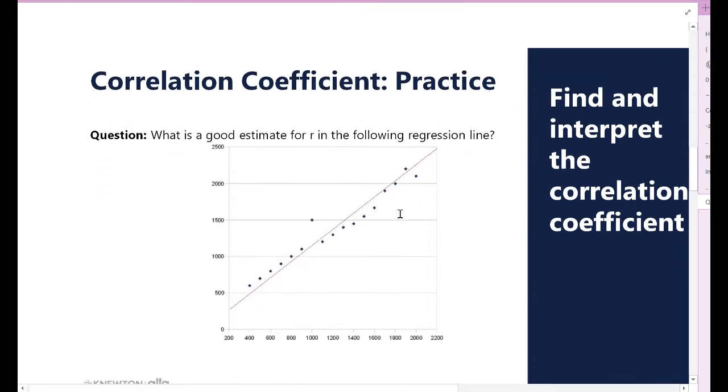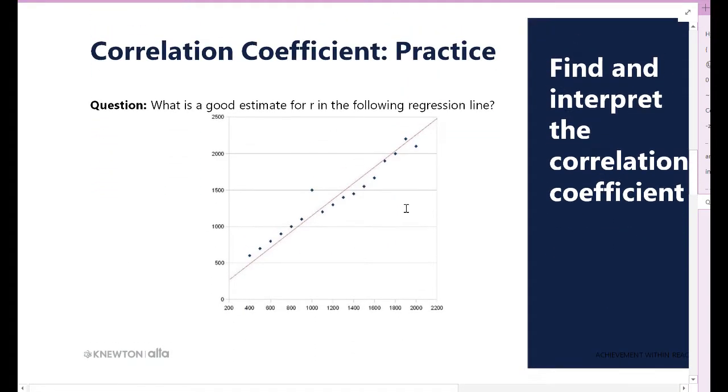All right, we got a quick little question here. What is a good estimate for R in the following regression line? So what they have for you here is the blue squares. Those are the ordered pairs. And then the red line is the regression line, also known as the best fit line. As we can see, the data values, ordered pairs, are really close to that red line.